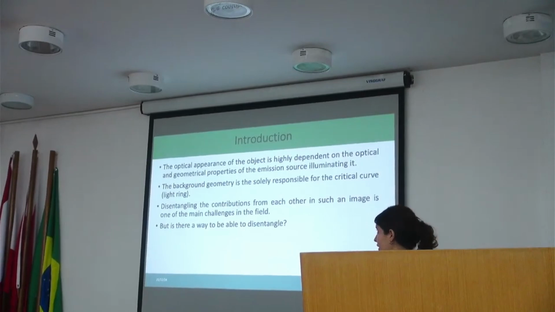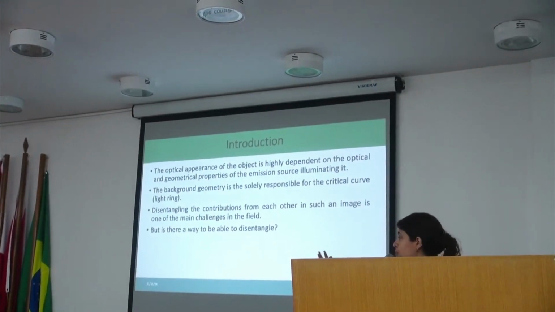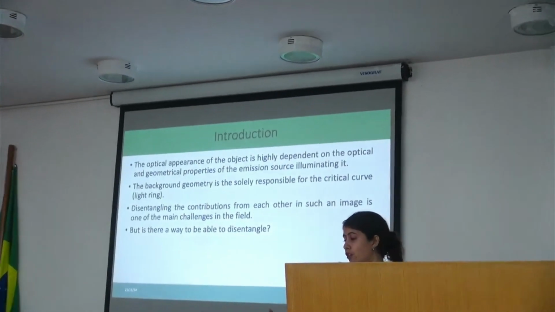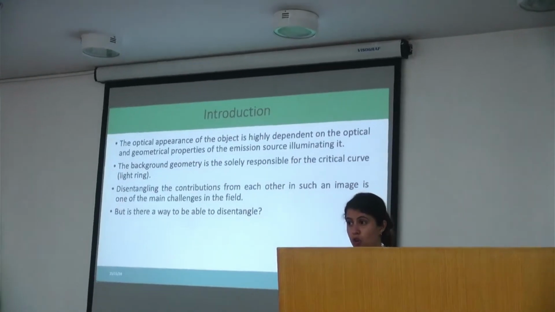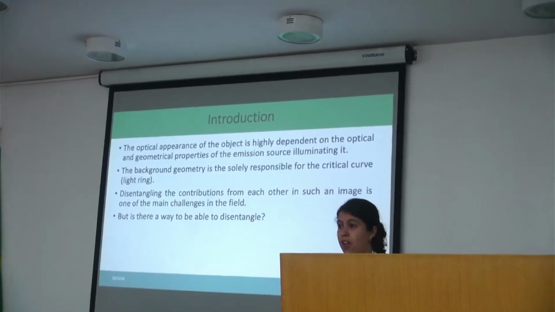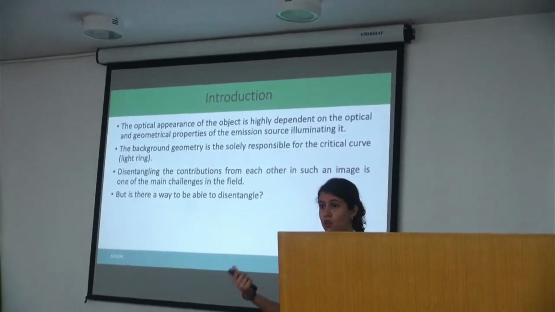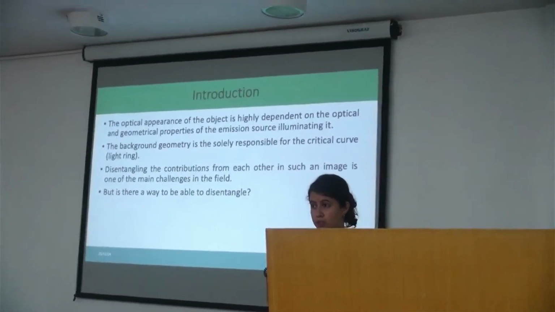On one side, the background geometry is only responsible for the critical curve, the light rim. But on the other hand, the optical appearance also depends heavily on the accretion disk and the properties that we add to it, such as whether it's optically thin or optically thick, and whether it has some width or not.